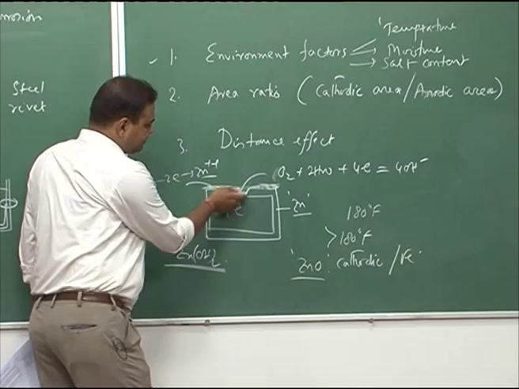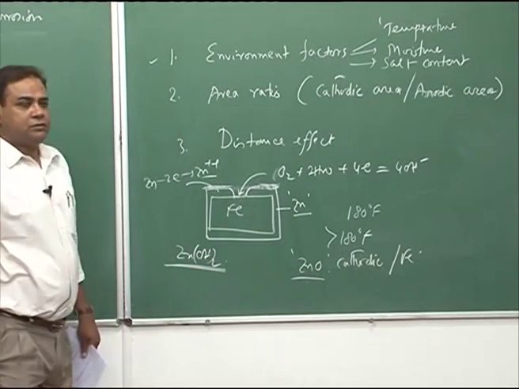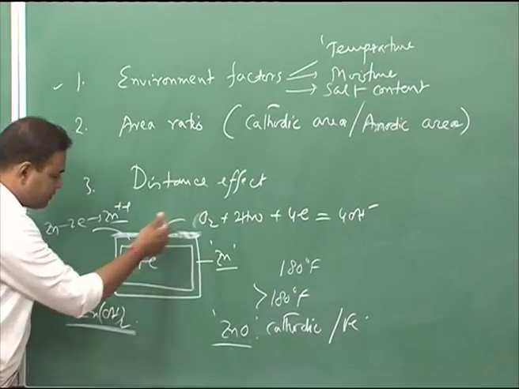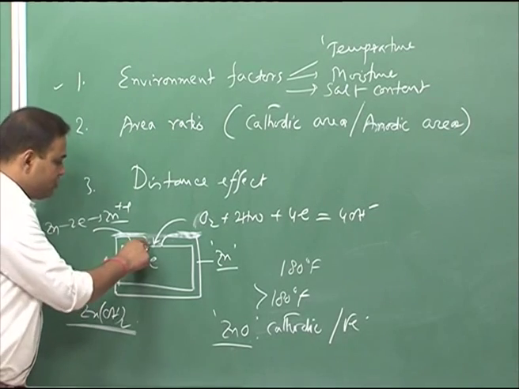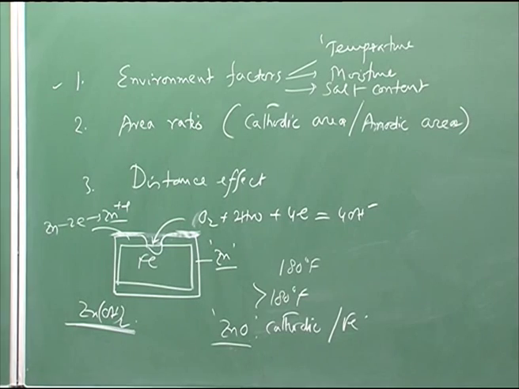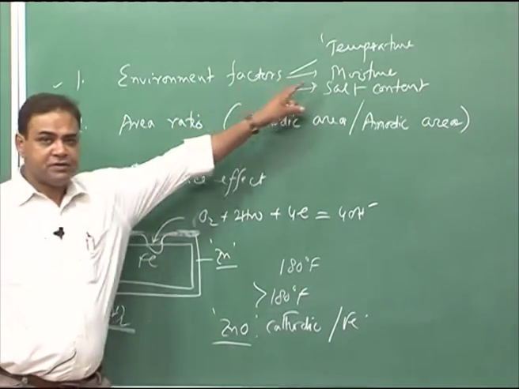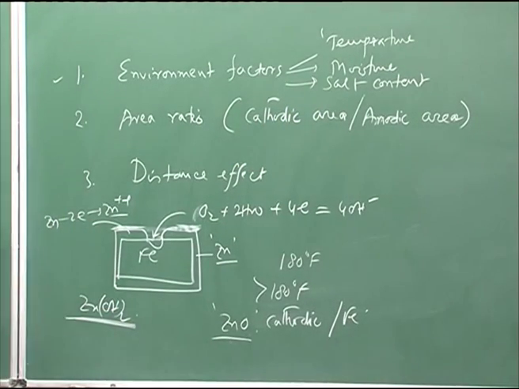Then the iron surface will act as anode and the zinc oxide will act as cathode, so the corrosion will happen in the iron. We will not get any protection. So, this process is dependent on temperature, and this is happening because there is a reversal of polarity.